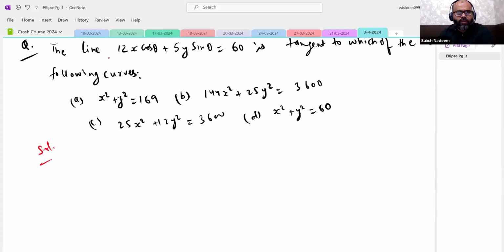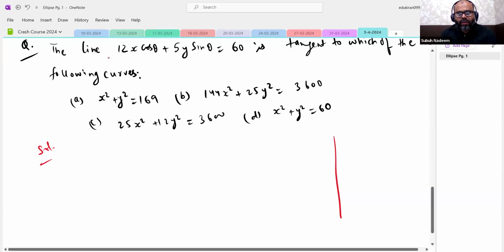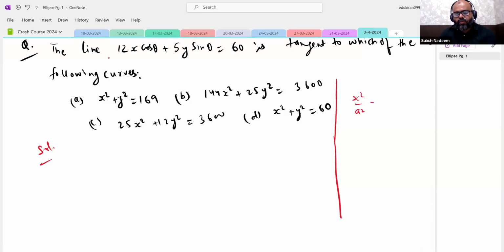So if you observe here, first of all, for any ellipse x square by a square plus y square by b square is equal to 1, the tangent is of the form x x1 by a square plus y y1 by b square is equal to 1, that we discussed just now in the above case also.